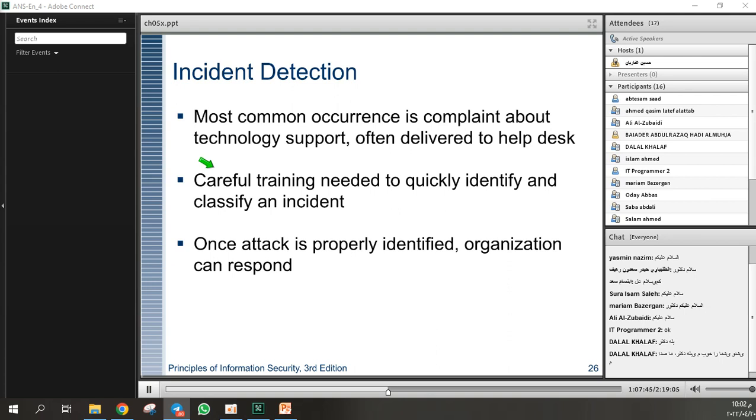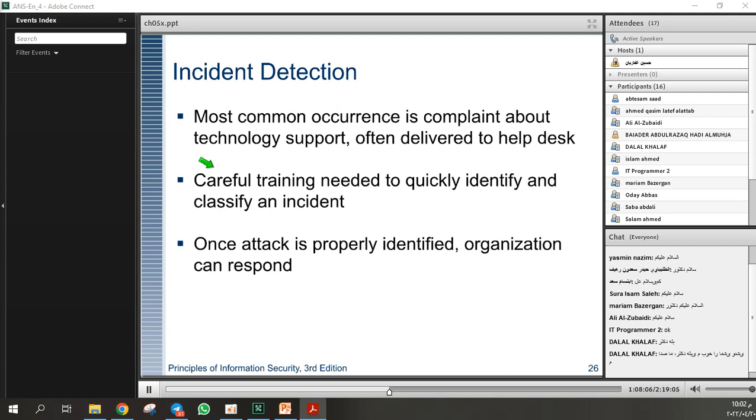that we should be aware of careful training. We should train our employees carefully. Why? They should quickly identify the threat, classify it, and call the help desk: okay, an incident happened here.